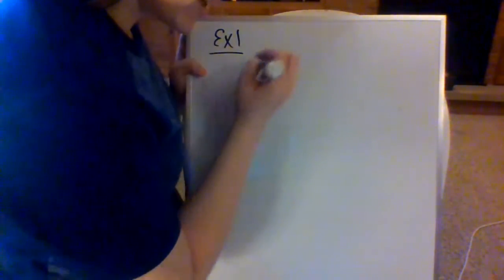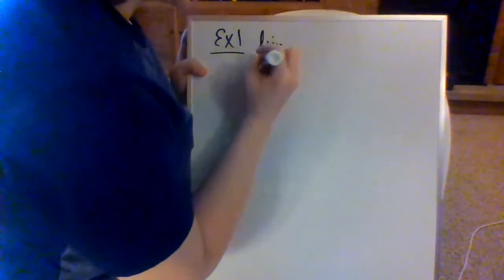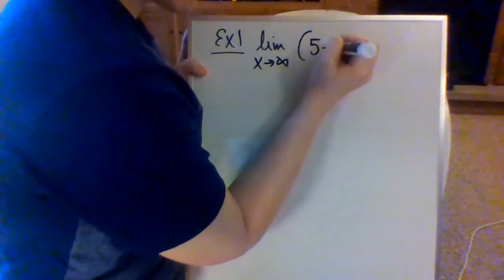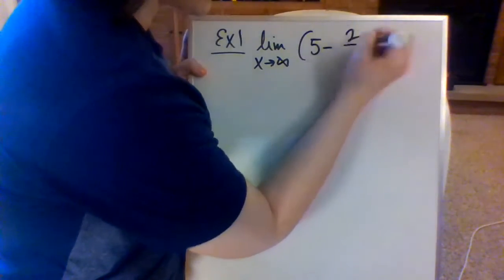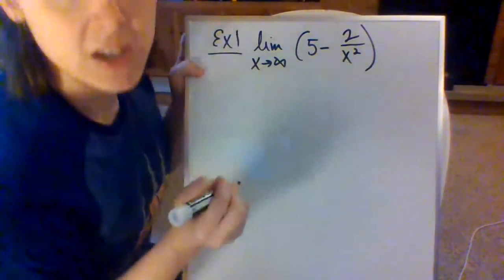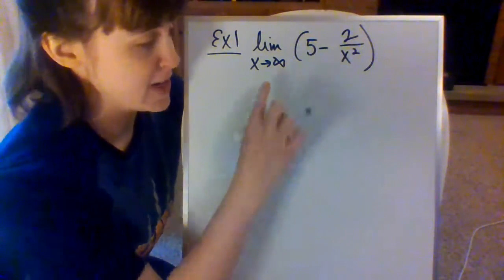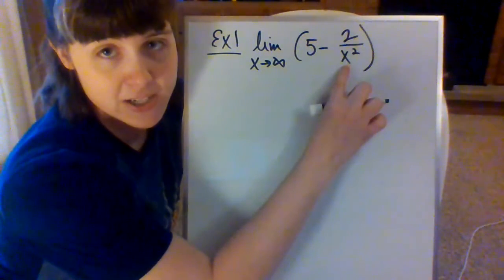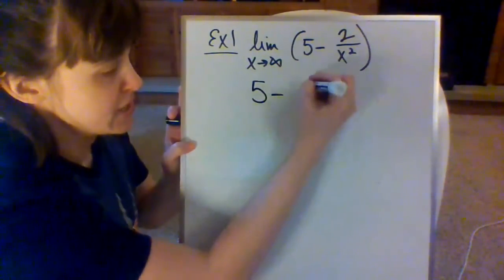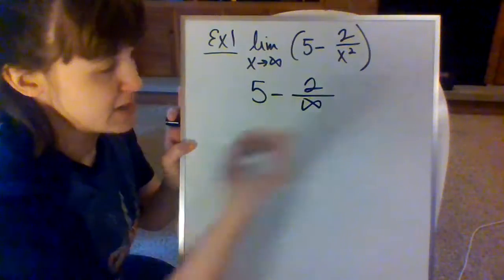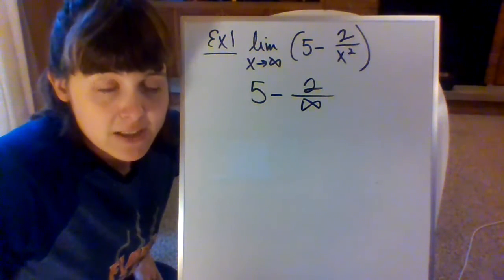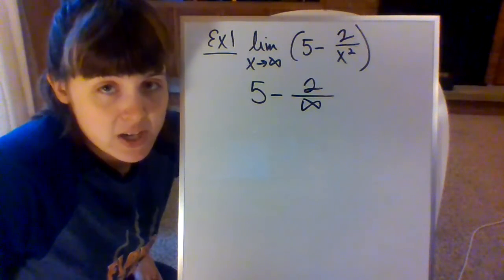We're supposed to find the limit as x approaches infinity of 5 minus 2 over x squared. If I plug in infinity, where x squared is on the bottom, we have the following situation: 5 minus 2 over infinity. Whenever infinity is on the bottom of a fraction, that portion becomes equal to 0.